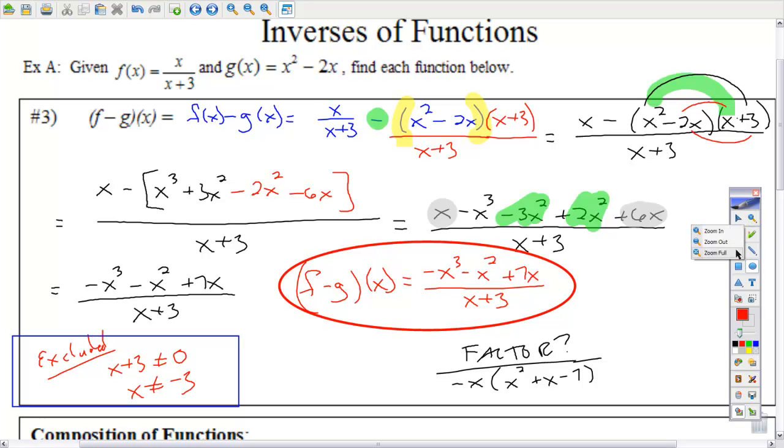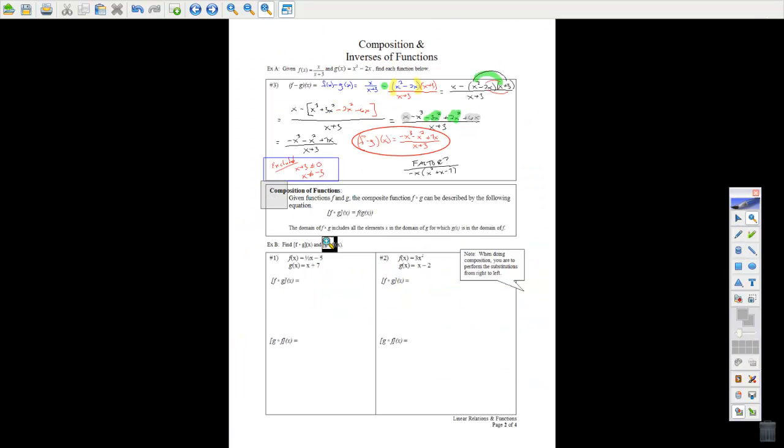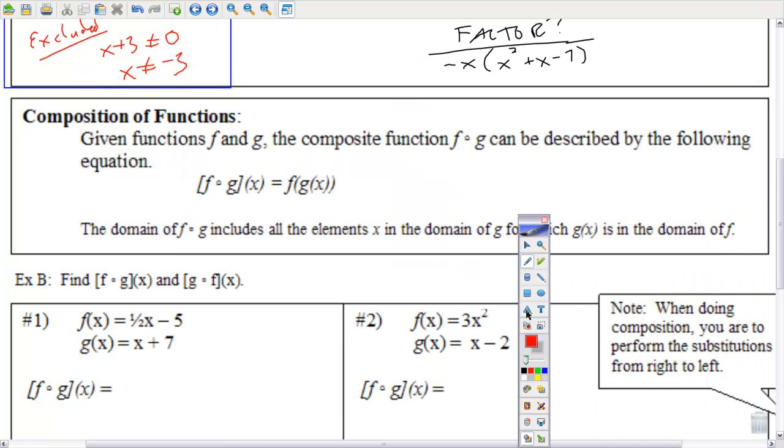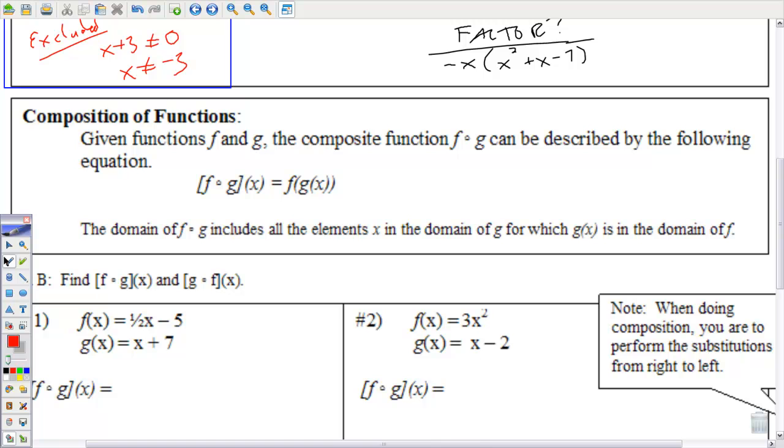Next part of the notes, composition of functions. Given functions f and g, the composition function f of g. This right here is an open dot, as opposed to multiplication, which is a closed dot.